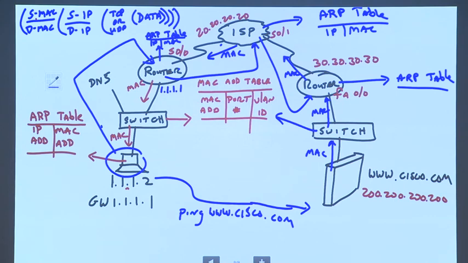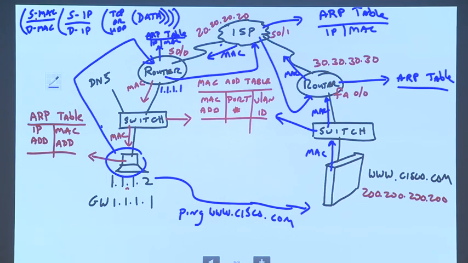So the switches look at layer 2 traffic, which is MAC address traffic. What does the router look at? Layer 3, or network address. On the inside here, I've got the 1.1.1 network. On the outside over here, I've got the 20.20.20 network. Over here I've got the 30.30.30 network, and down here I've got the 200.200.200 network.